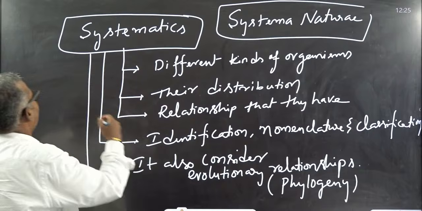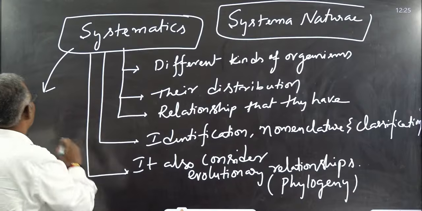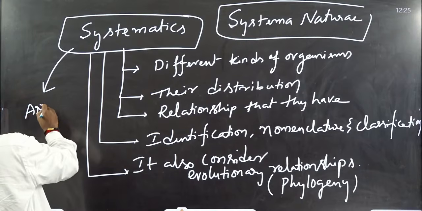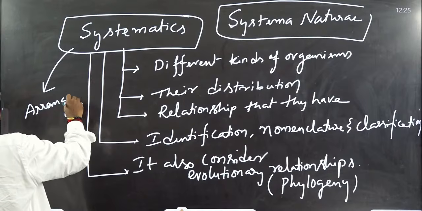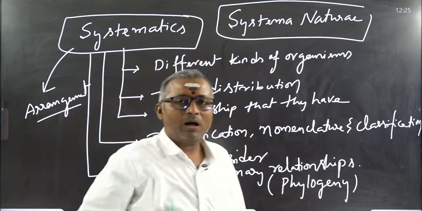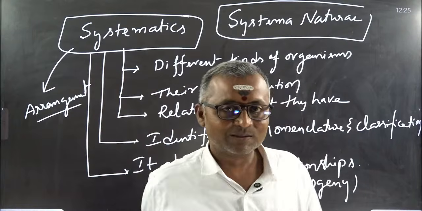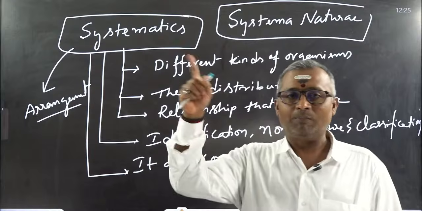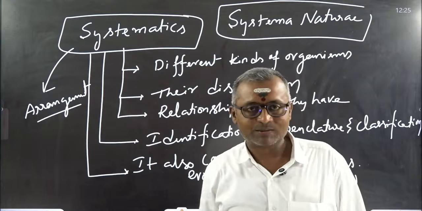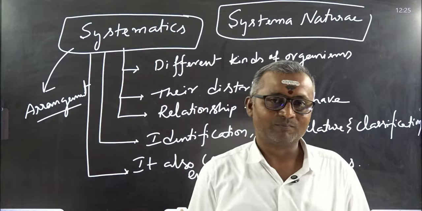The actual meaning of systematics: systema means arrangement. The word systema indicates arrangement of things. If you arrange plants, it is plant systematics. If you arrange animals, it is animal systematics.